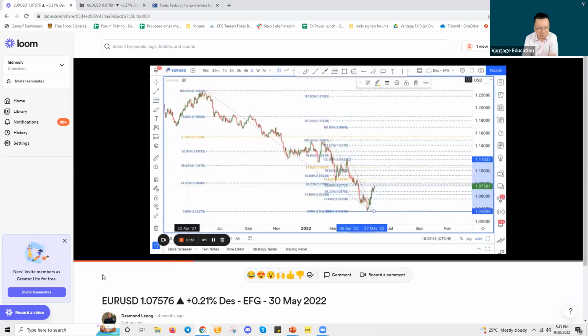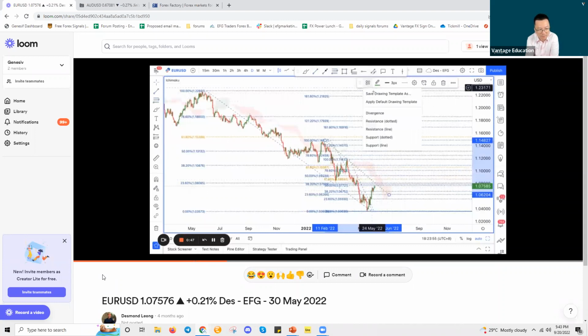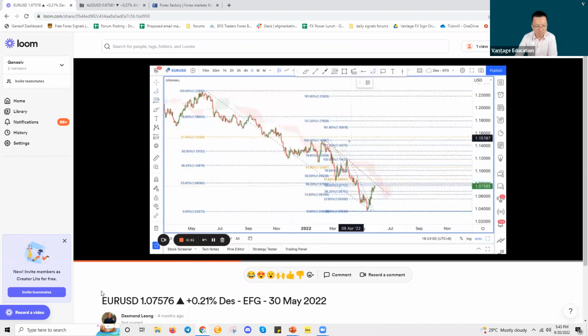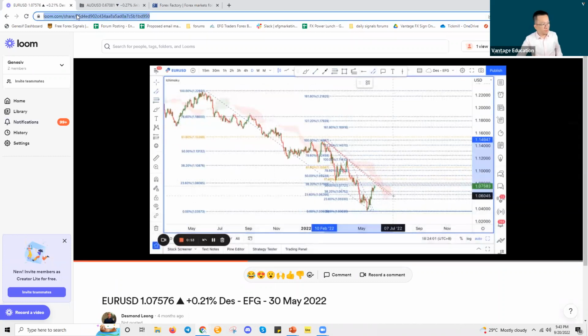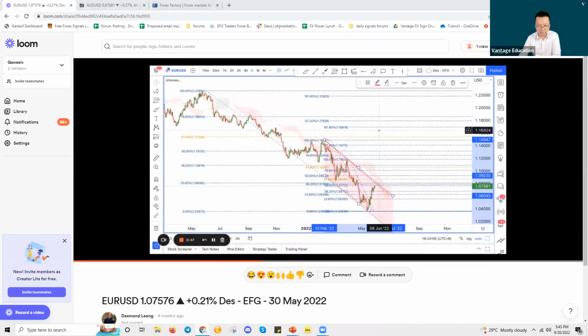I'm pretty sure we have a session coming out on fib levels as well. Applying the Ichimoku cloud in there, you can see price reacting to that overall cloud. Don't watch it now, watch it after the session.